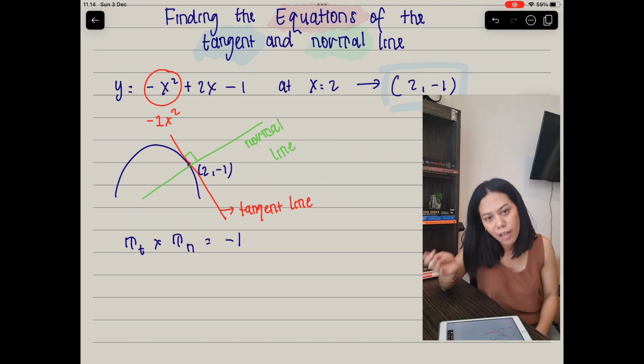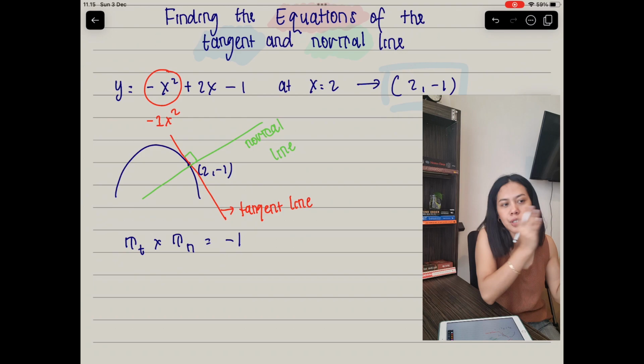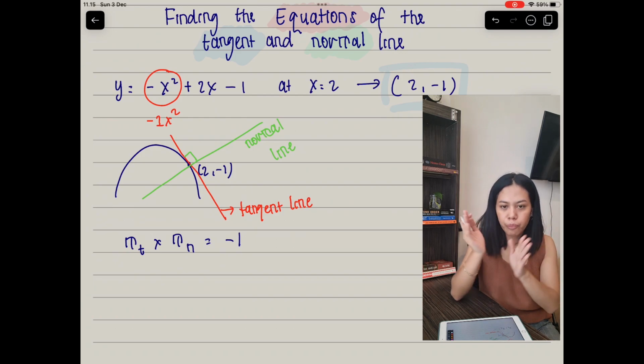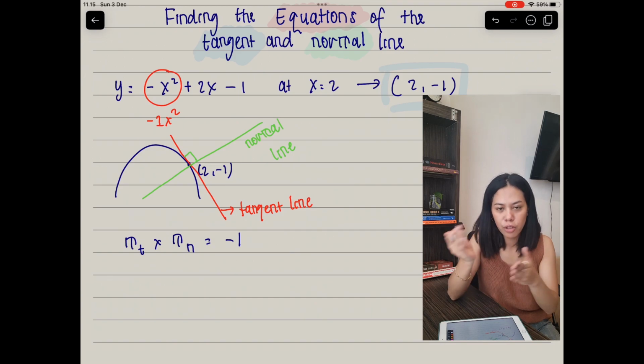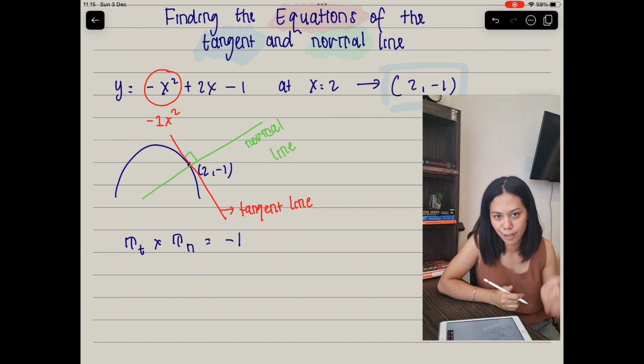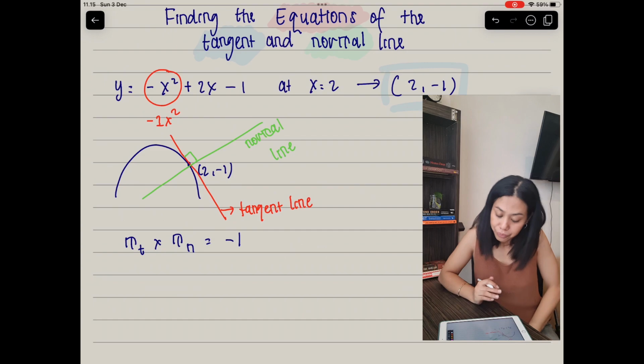How do we know that? It's already in the previous material. Two lines that make 90 degrees, then the slopes m, if we multiply, are going to be negative 1. So that's how they relate.